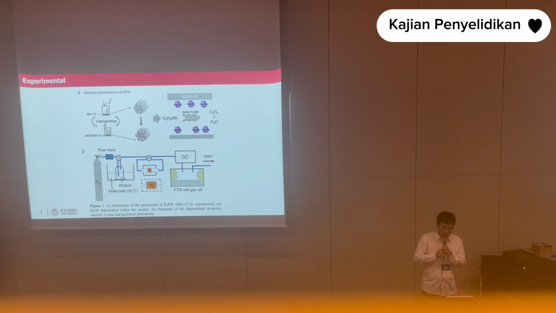We use the impregnation method to dope the HPW into the SBA-15. With impregnation, we control the doping concentration of HPW from 0.1 to 0.4 or higher. In this way, the doping concentration can be easily controlled. We want the HPW just attached on the SBA-15 channel surface, so we can provide more catalytic sites.